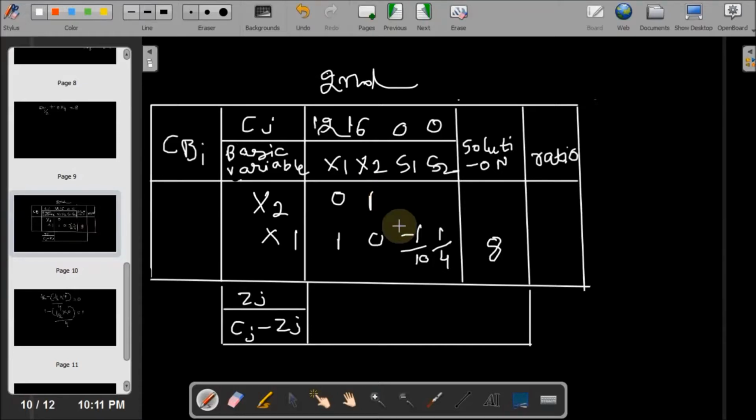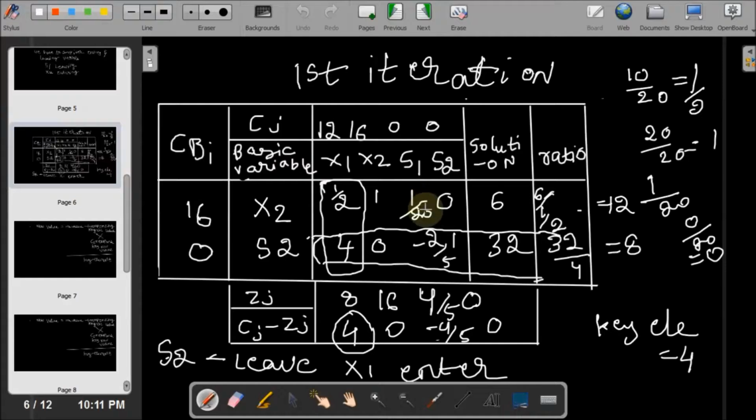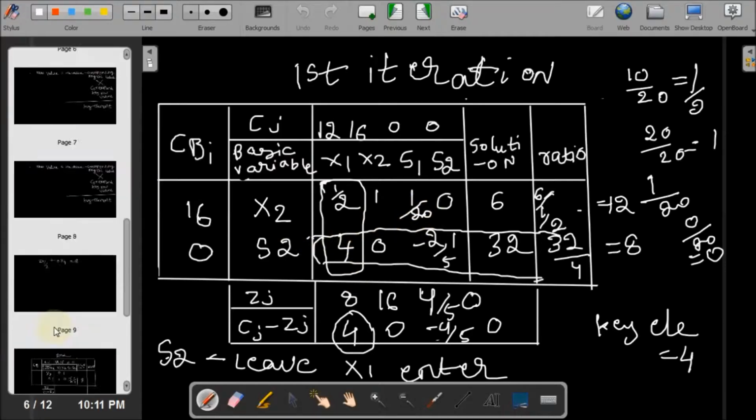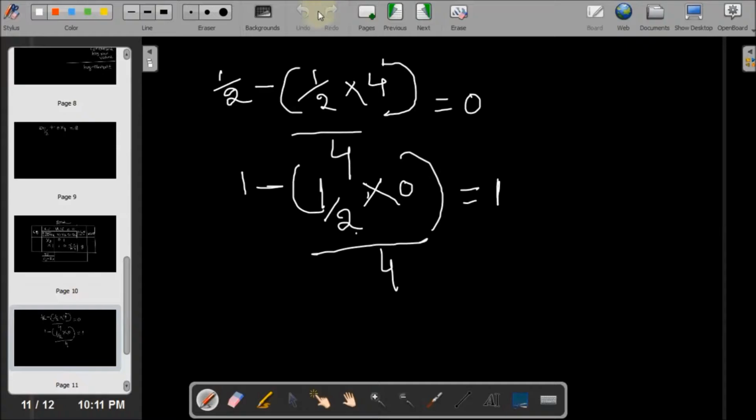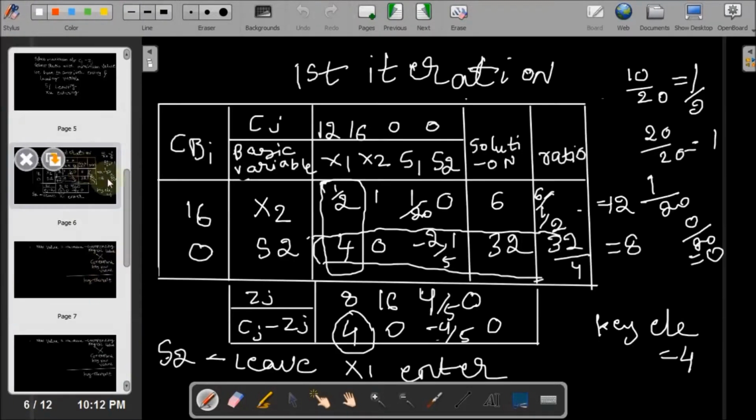Now what is the old value? See guys, the old value is 1 by 20. So I will write that. I will erase this now. So 1 by 20 minus key element column, it remains the same, that is 1 by 2, into the row value. The row value is minus 2 by 5.